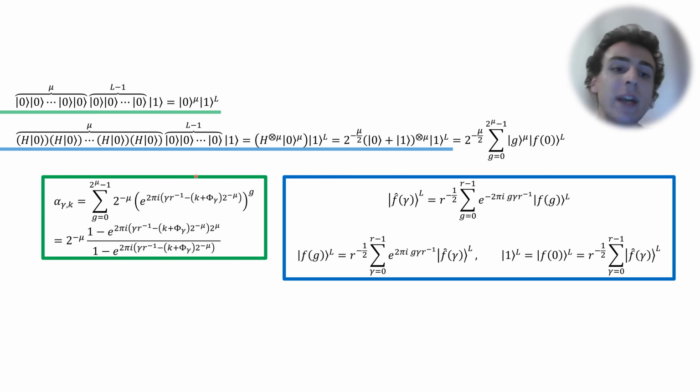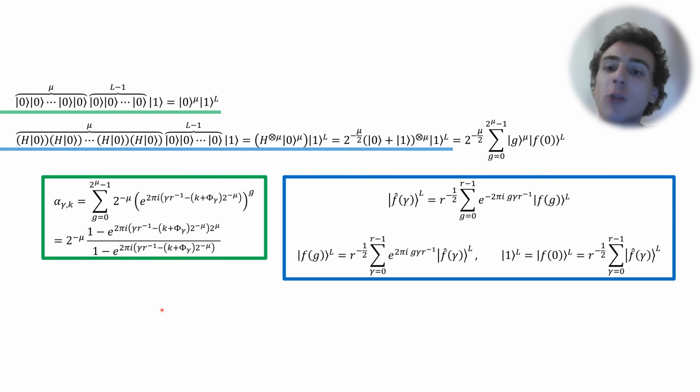What about this green box? Well, this green box defines a coefficient alpha sub gamma k. And this coefficient will show up in the next part of this video. And the reason I put this over here is because it is essential in the working that we need to do to determine what mu needs to be. So we're going to have to determine mu.